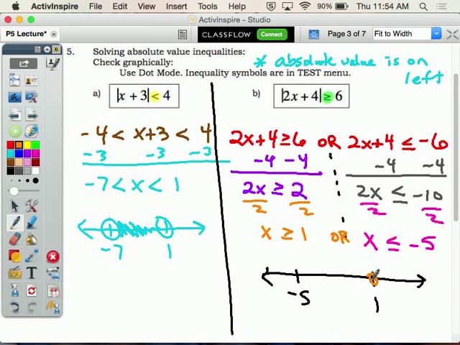So that means I have a solid dot on the +1, and I want all the numbers that are greater than or equal to that, which means this. The pink says x is less than or equal to -5. So I have a solid dot on the -5, and I want all ones that are less than or equal to -5.